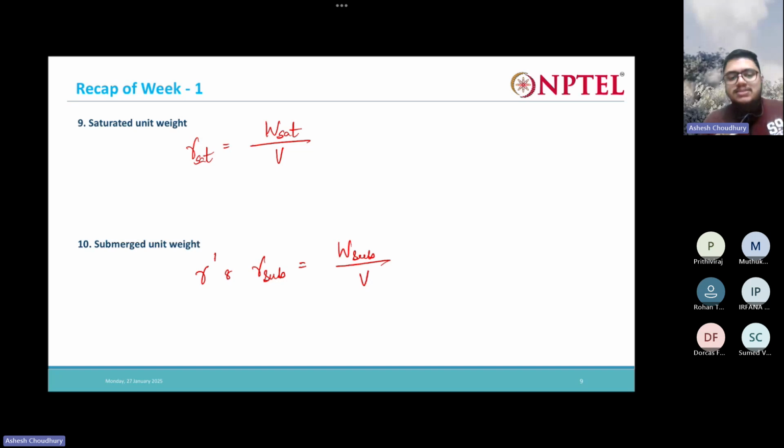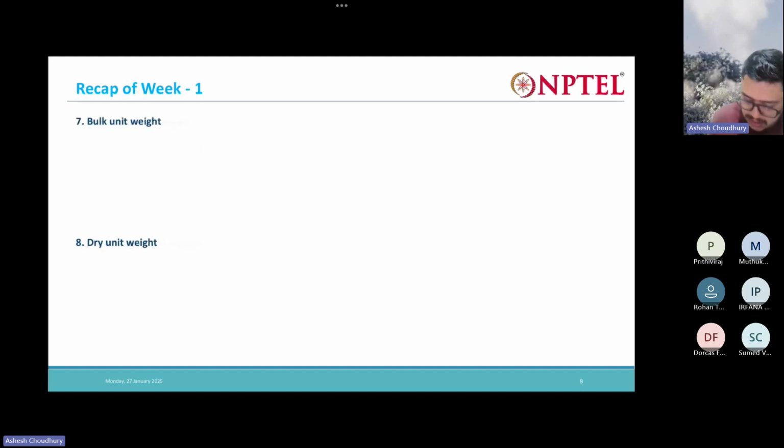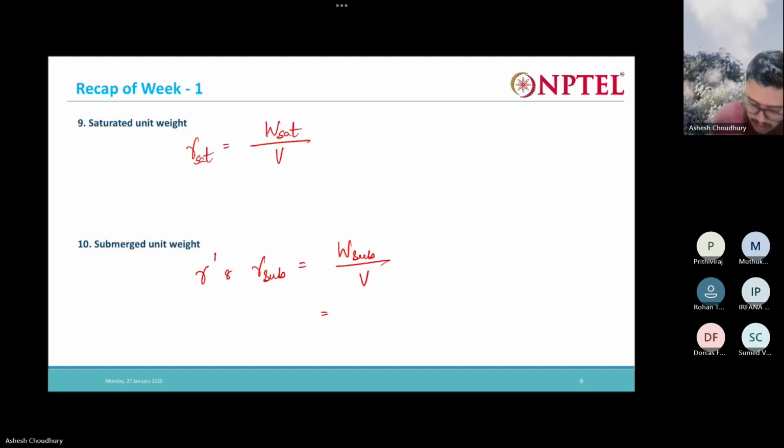So that effective weight is the submerged weight. Submerged weight divided by the total volume is going to be the submerged unit weight, and I can also write it in terms of the saturated unit weight minus gamma W. Gamma W is nothing but the unit weight of water, which is taken as 9.81 kilonewton per meter cube.